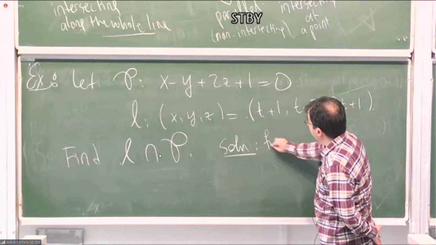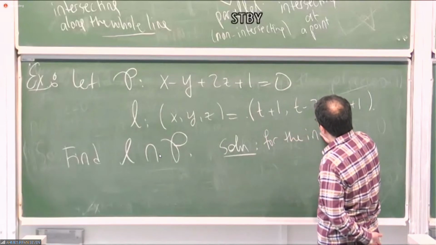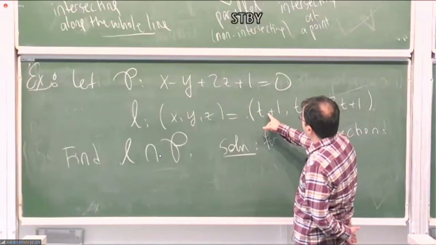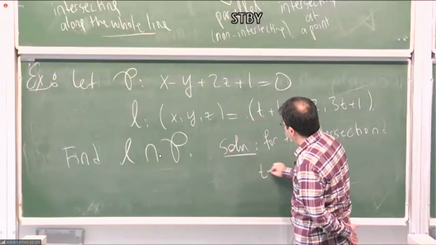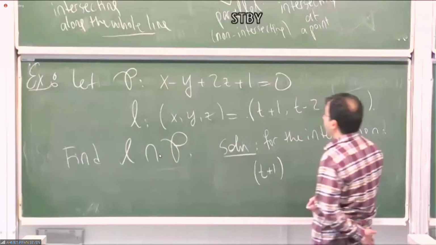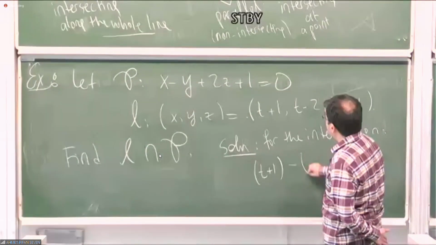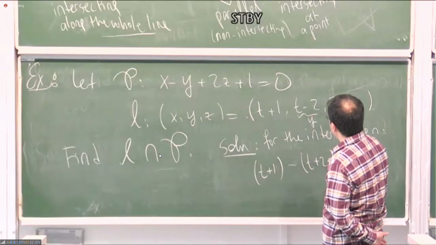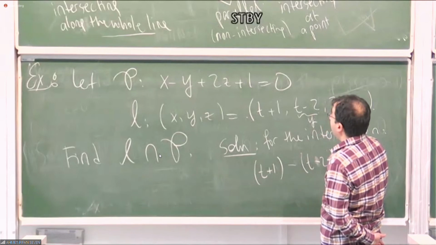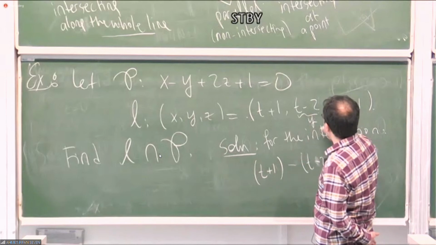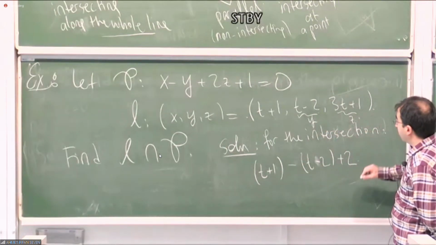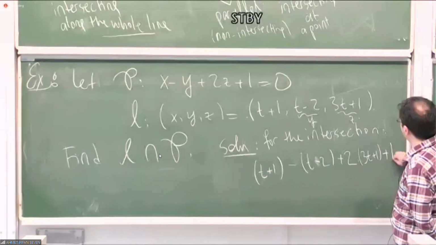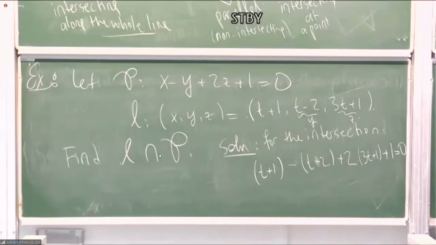So for the intersection point, we will have, so I'm going to put t plus 1 in as x, and then minus, so this will be for y, so t minus 2, and then this will be z, so plus 2 times z is 3t plus 1, plus 1 equals 0.